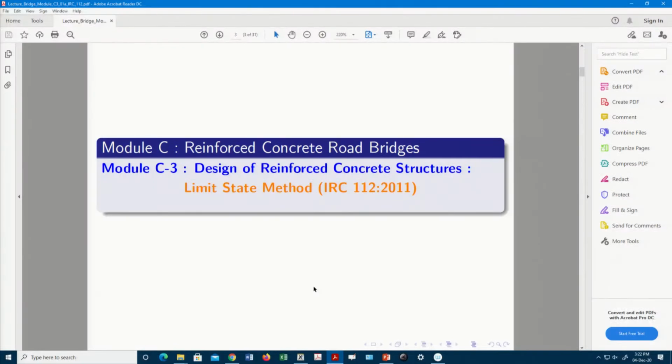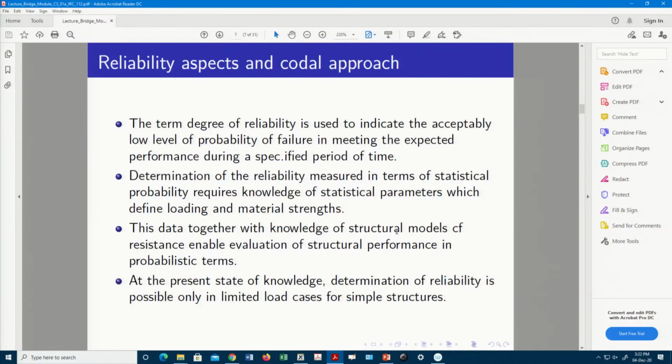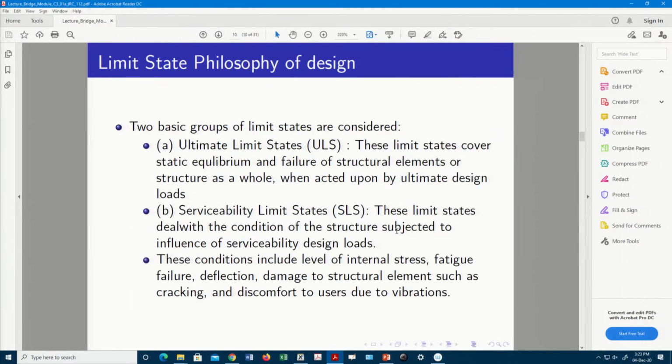This is a part of the bridge engineering course, and so I have many more slides. The limit state method, reinforced concrete structures, and IRC 112 is the topic today. I am not going to detail all those things, this is the same thing.